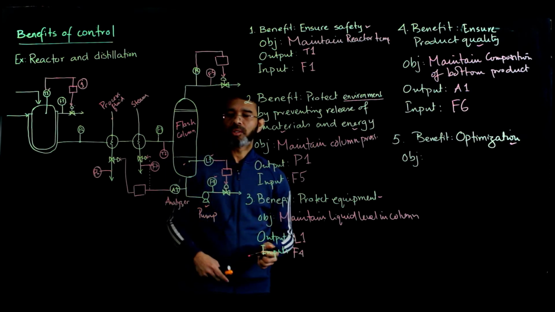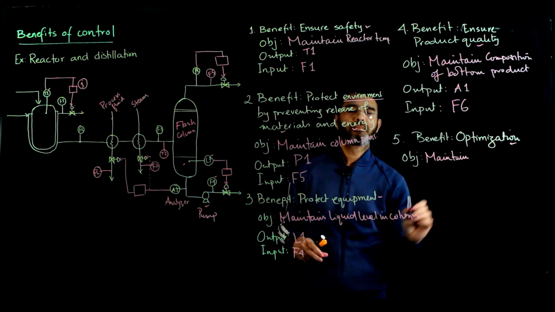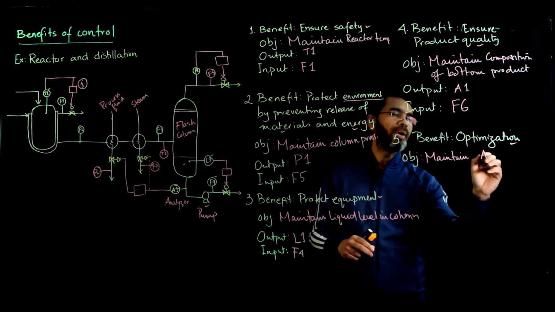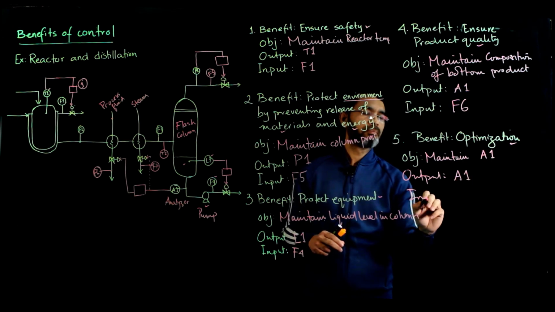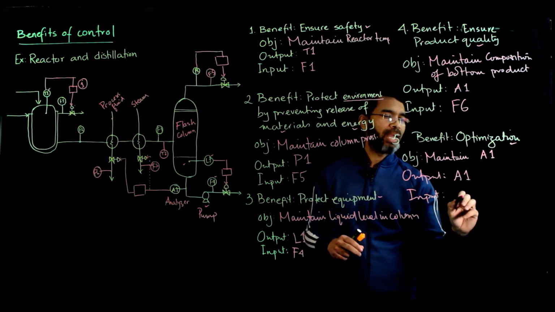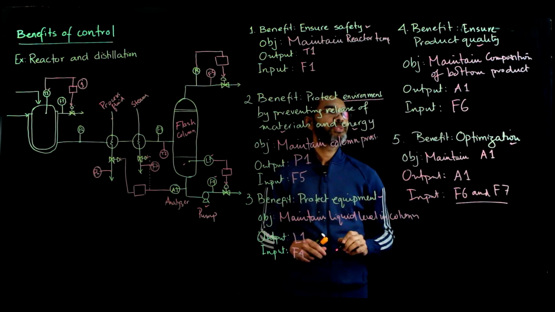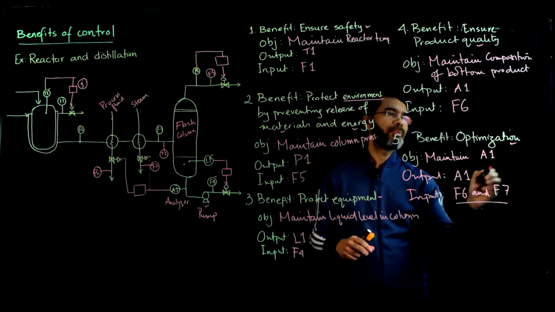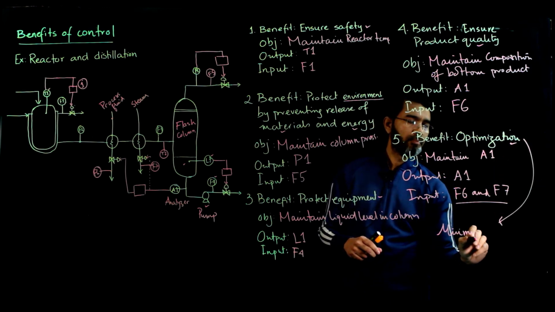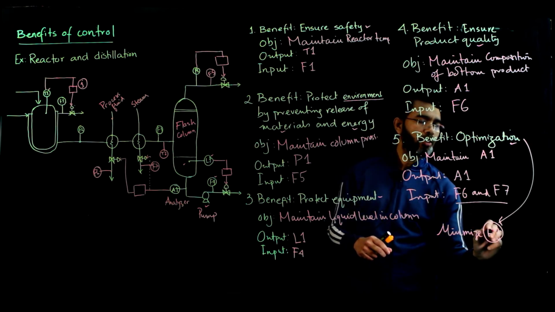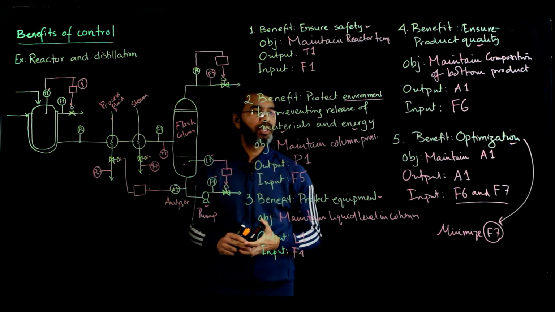So the objective is to again maintain A1, but here the input can be both F6 and F7, and the optimization objective will be different from the control objective. The optimization objective will be to minimize F7, meaning you are trying to minimize the steam consumption in the plant.